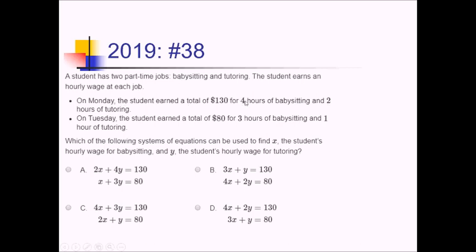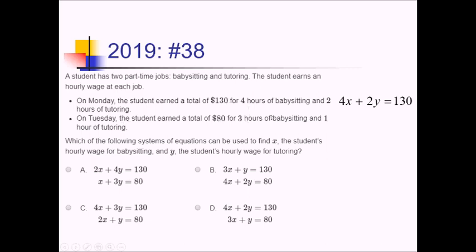That means that 4 times the price of babysitting, which they said was x, plus 2 hours times the price of tutoring, which they said was y, so plus 2y, that has to all add up to $130. So equals 130. All right, doing the same thing for this Tuesday information here.